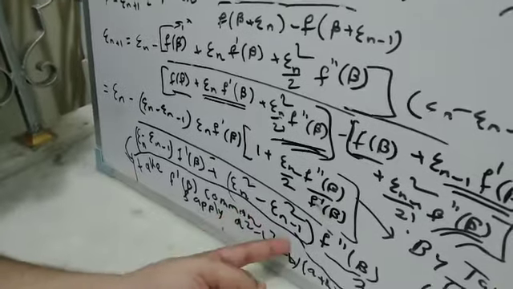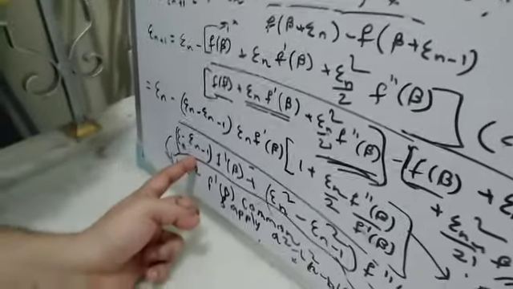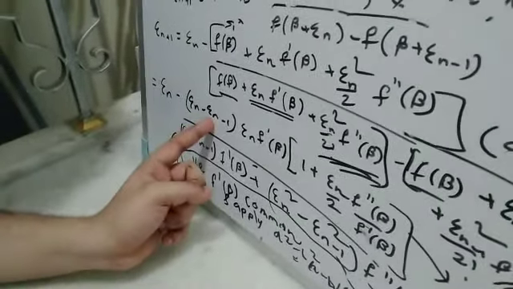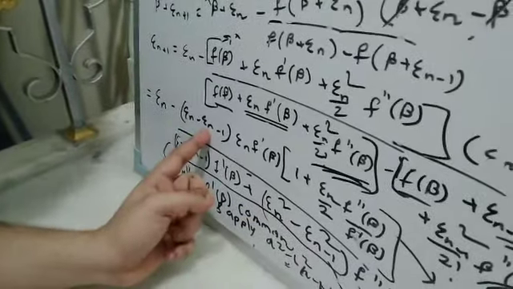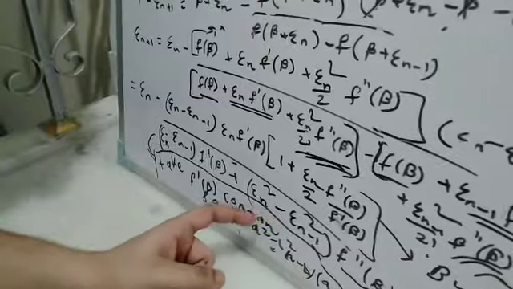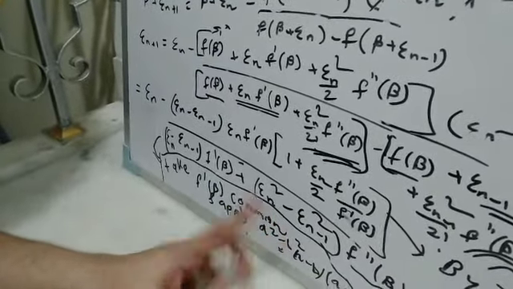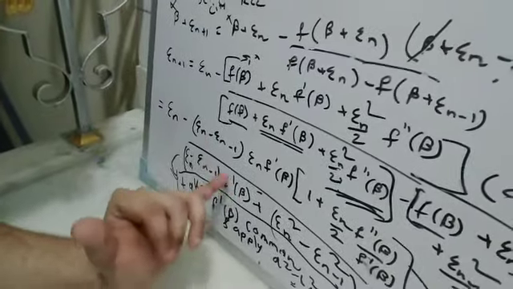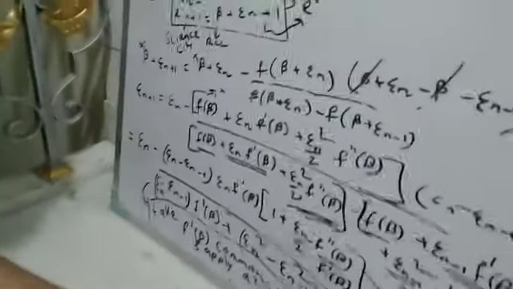This also will be a minus b, and this is also a minus b. So these three terms will cancel out, and only the a plus b term will remain. That means ε_n plus ε_(n-1) will remain. And if you take f'(β) common, this will also cancel out.